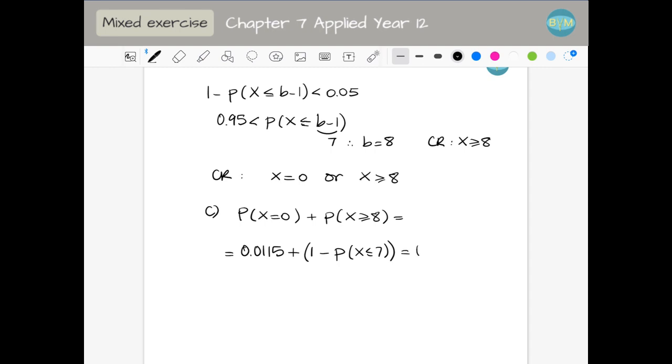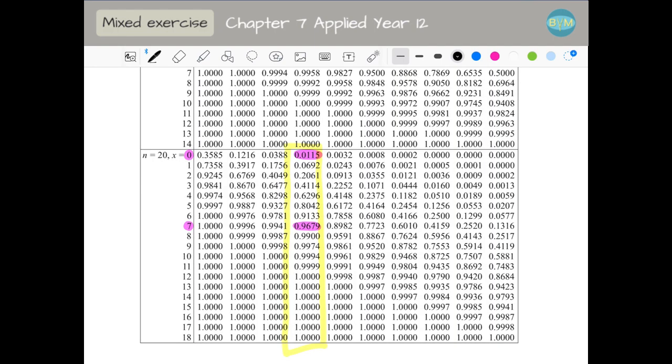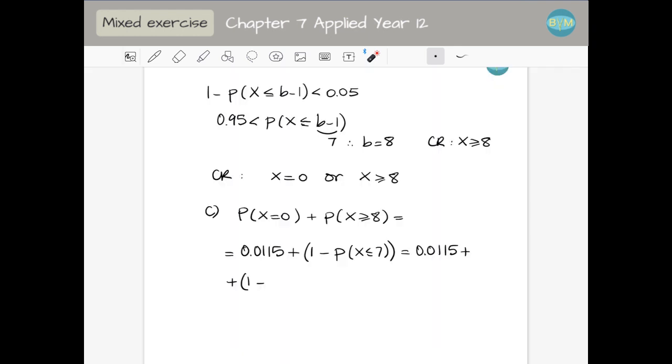So 0.0115 plus 1 minus 0.9679, and this is 0.0436. Usually we give the significance level as a percentage, so the actual significance level is 4.36%.